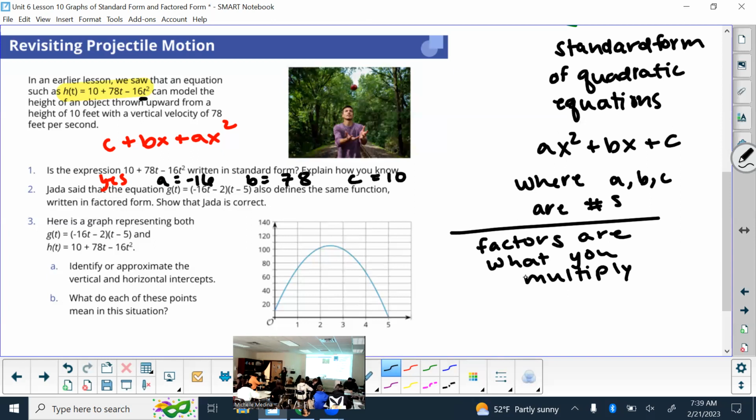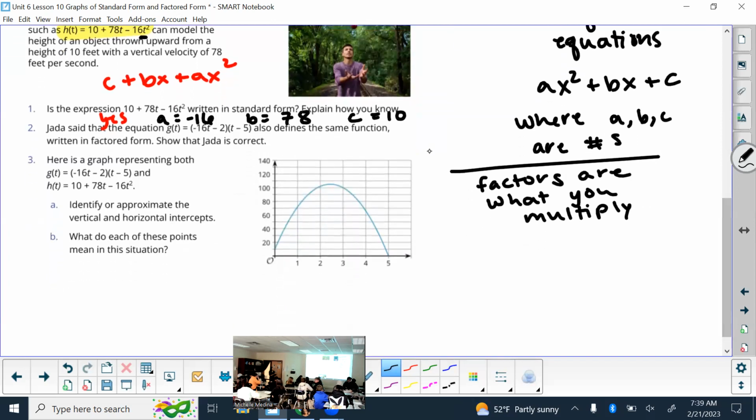Ever heard of the FOIL method? Maybe, anyone? Okay, well, let me show you. The FOIL method is a way to multiply two binomials. So say you have a plus b times c plus d. FOIL stands for first, outer, inner, last. If I have two binomials, two two-term expressions multiplied together, I could use this method.